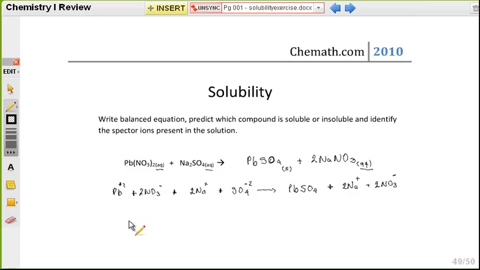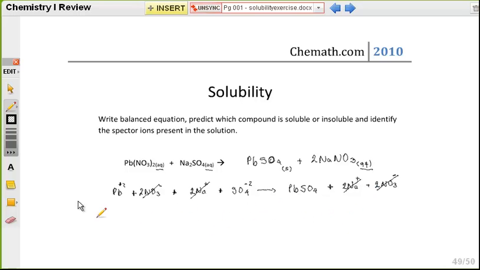Okay, so now what we have to do is cancel every ion that is the same on both sides of the equation. So let's see, we have two NO3s and we have two NO3s, they cancel, and we have two sodium ions and two sodium ions that are cancelled.